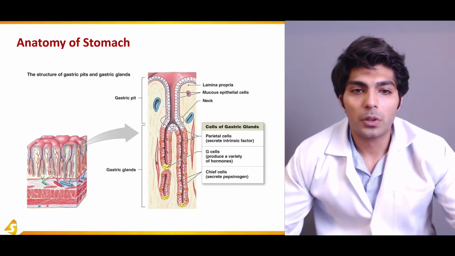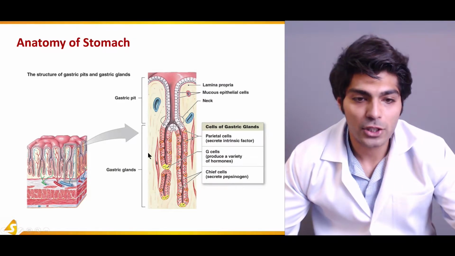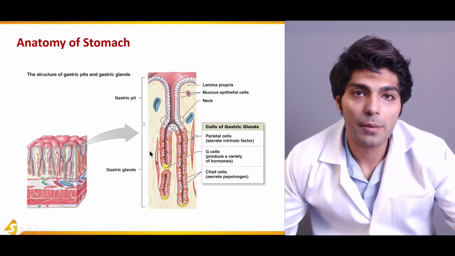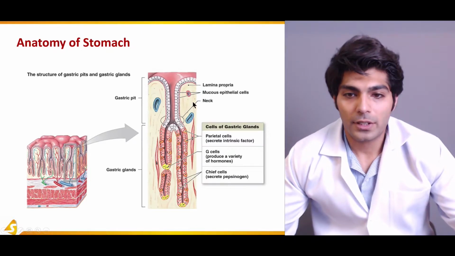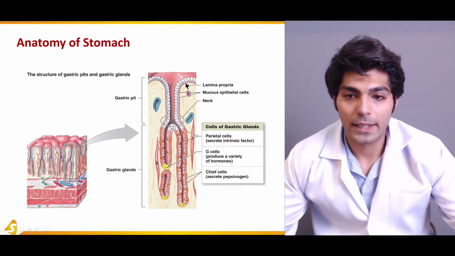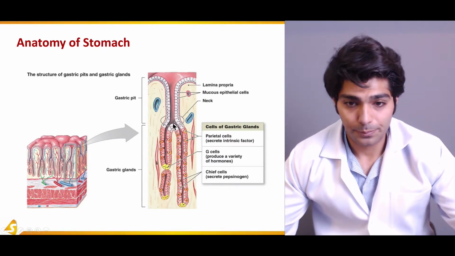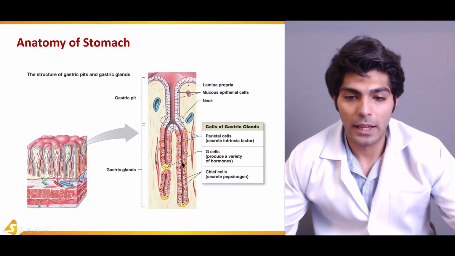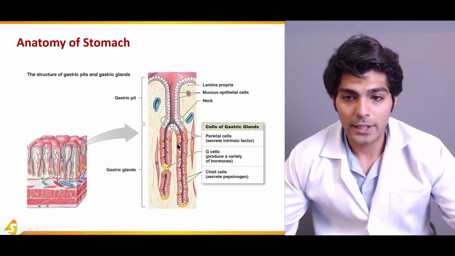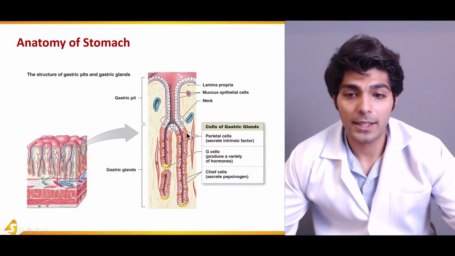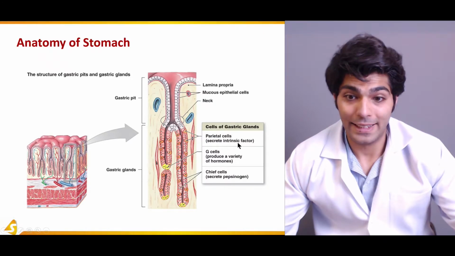So this is a more detailed cross section of the histology of the stomach. As you can see, there's a lamina propria, which is connective tissue. There are mucous epithelial cells. There's a neck portion, an isthmus portion, and a base. Now the cells of the gastric glands: the parietal cells secrete intrinsic factor and HCl.